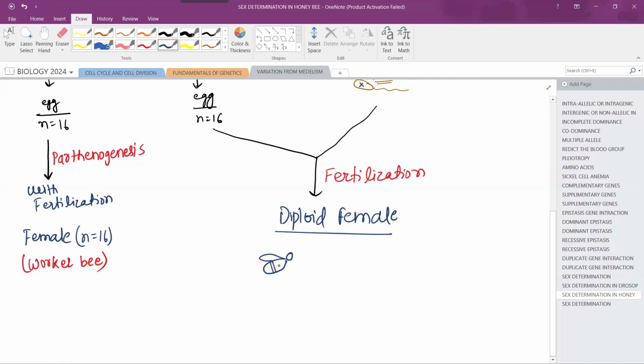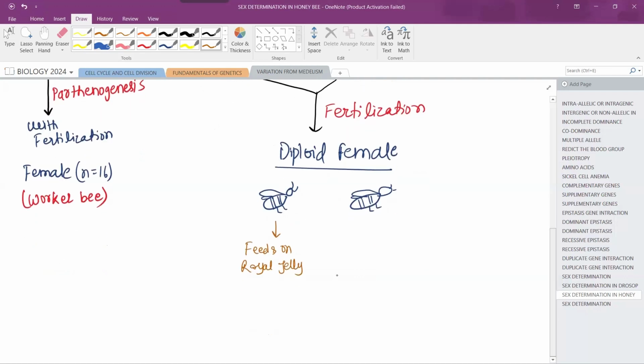Suppose this is your honeybee, and both are female. If this honeybee feeds on royal jelly, or we can say honey, this will get converted into a queen bee.